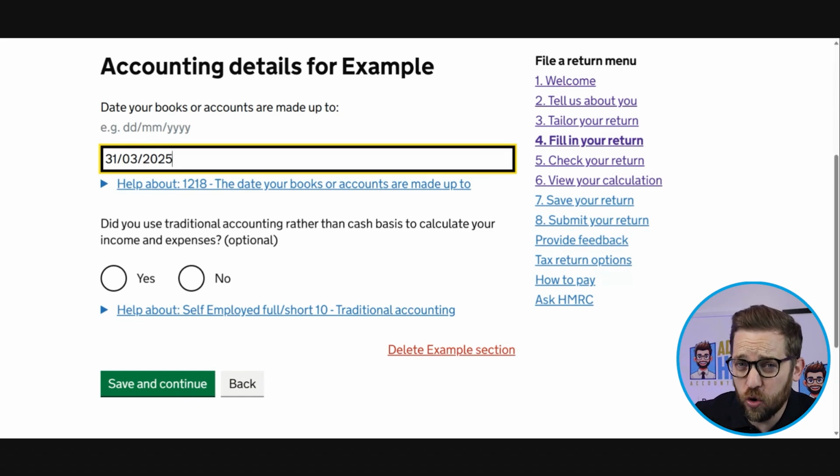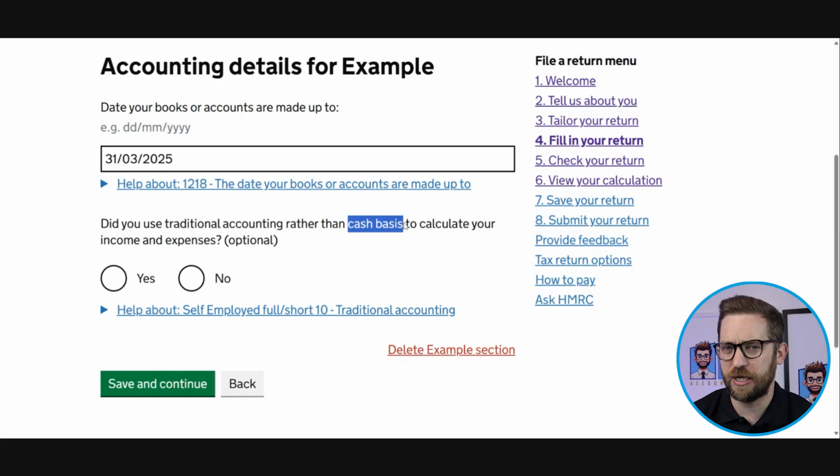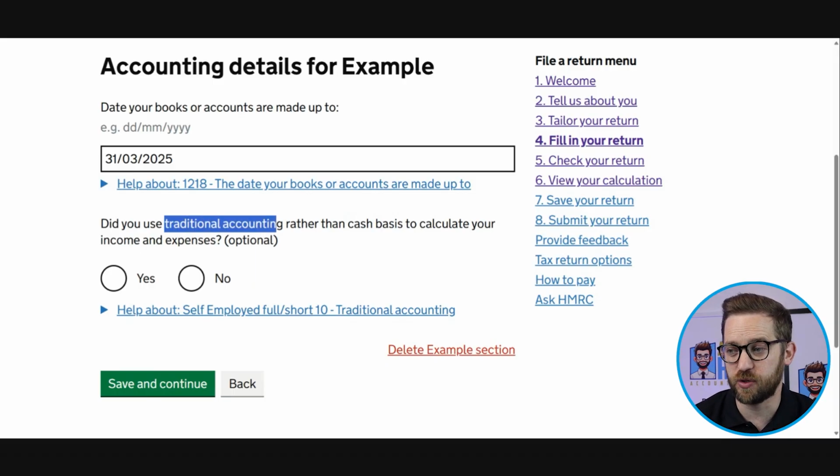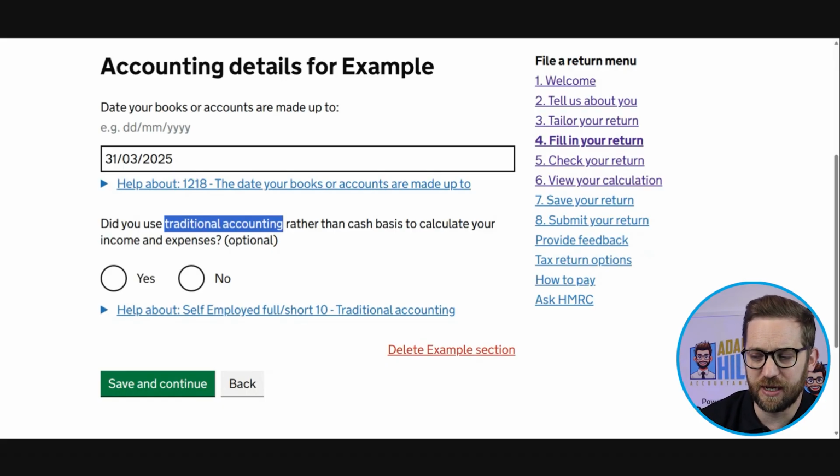A simplified overview of what that means is that your income and your expenditure under the cash basis is accounted for when you actually make payment for something or when you receive payment for an invoice. Under traditional accounting, you account for transactions as you incur an expense or as you earn income, which are slightly different.